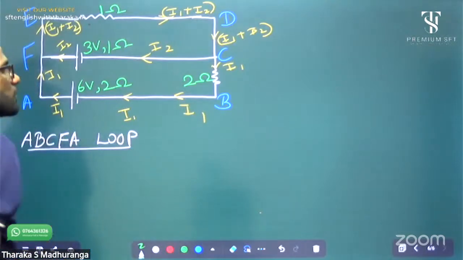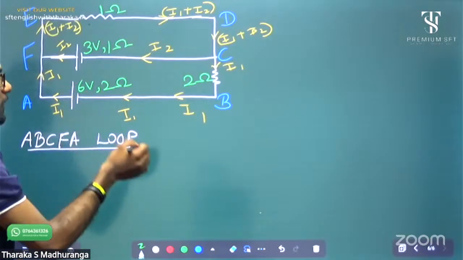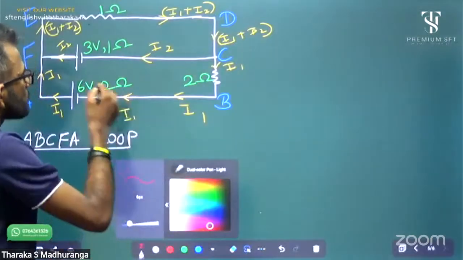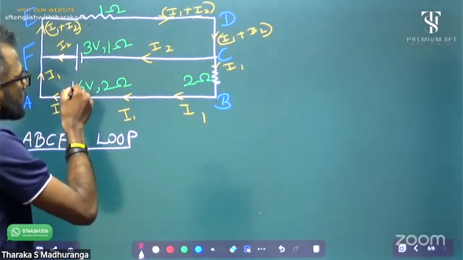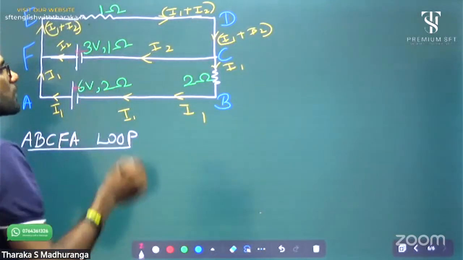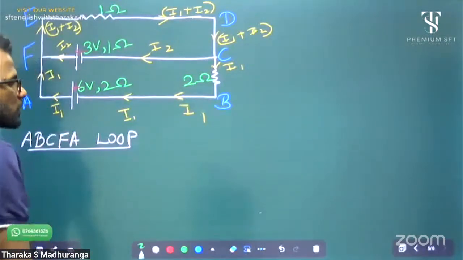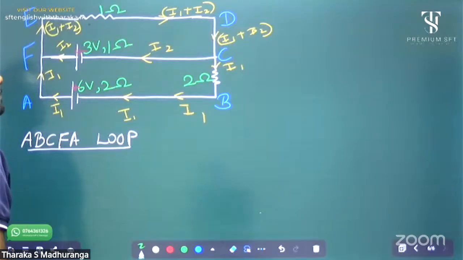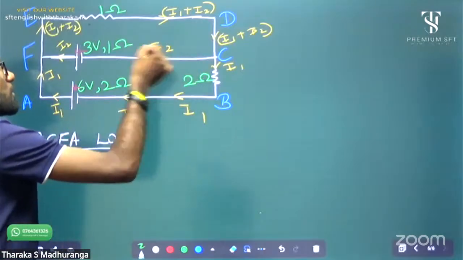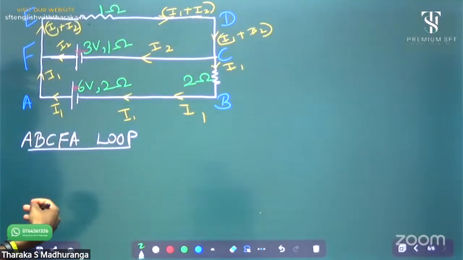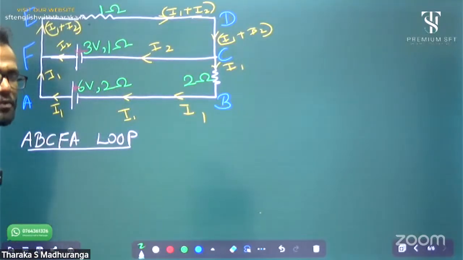Okay, what are the steps? First, you have to mark the electromotive force direction on your battery. Those are the electromotive force directions. Now everything is ready for Kirchhoff's second law, and I am going to apply it to this lower loop, A, B, C, F, A. Step number 1, electromotive force.